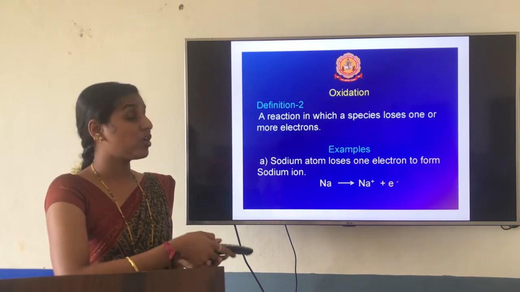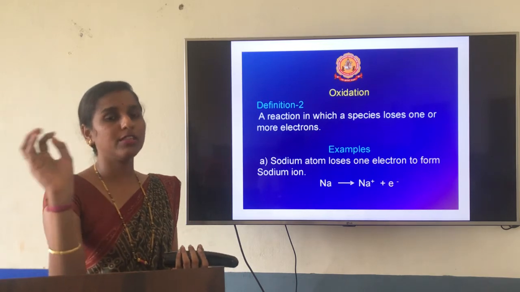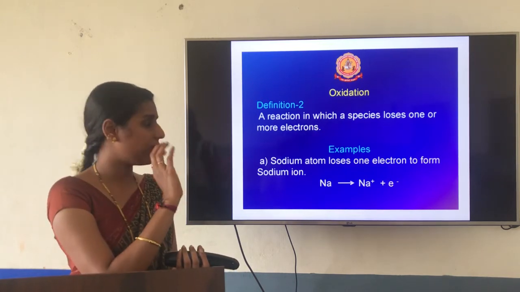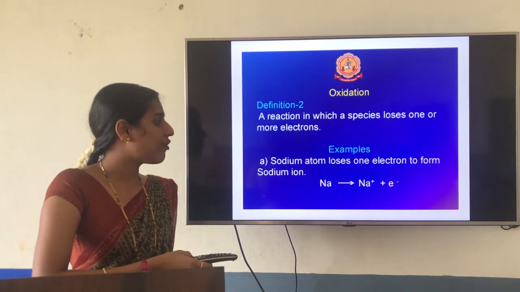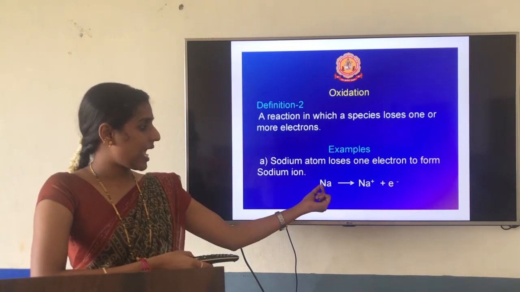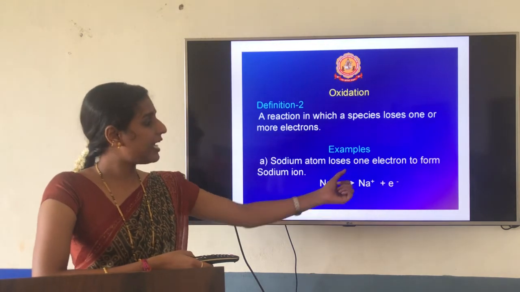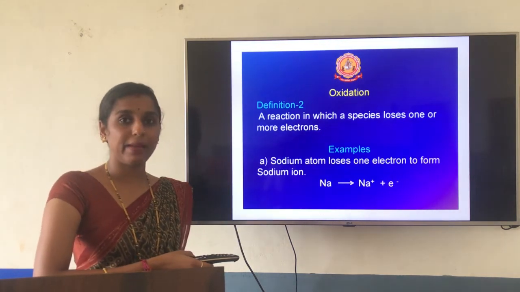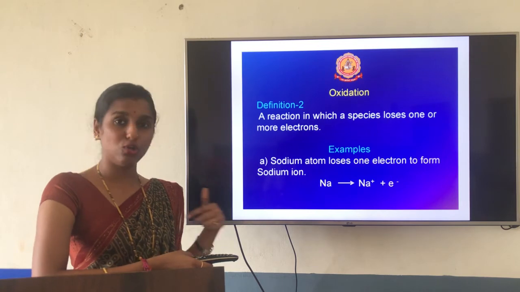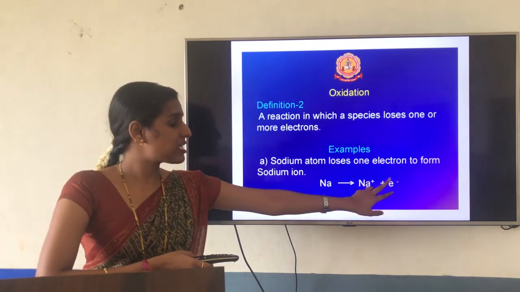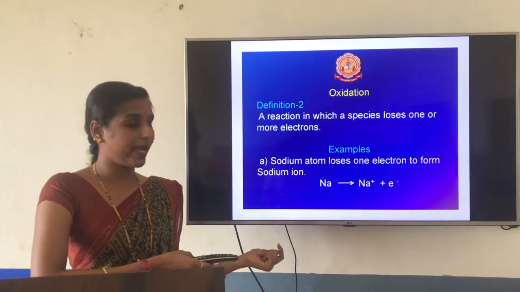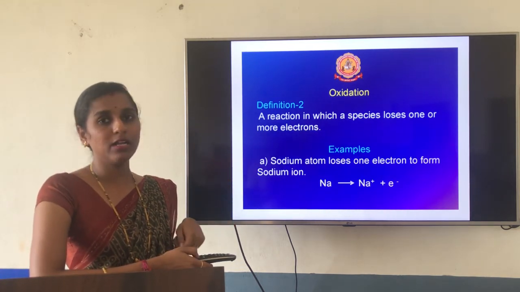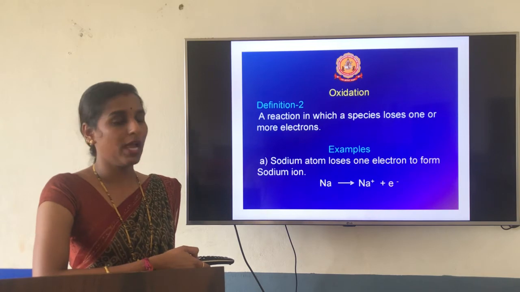If it loses electrons, then you are going to call it oxidation. For example, a sodium atom loses one electron to form a sodium ion. How does Na form the Na plus cation? By losing an electron. So it has lost one electron, and we can say it has undergone oxidation. Why? Because oxidation is nothing but losing of one or more electrons.